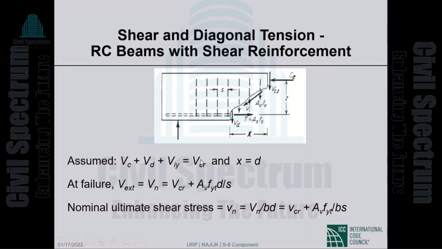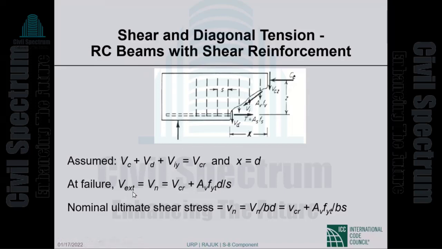We are calling that the cracking shear strength of the concrete, V sub CR. The shear that is resisted by the compression concrete that is intact, shear that is resisted by dowel action, and the shear that is resisted by aggregate interlock, all together we are calling the cracking shear, V sub CR. And we are assuming that this X, the horizontal extent of the crack, is equal to the effective depth.